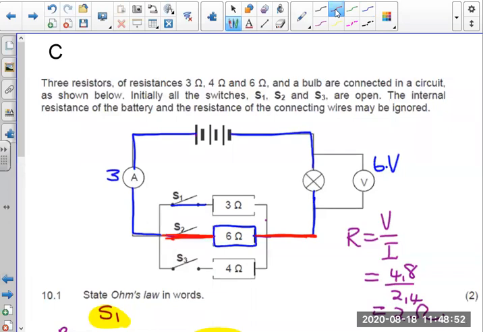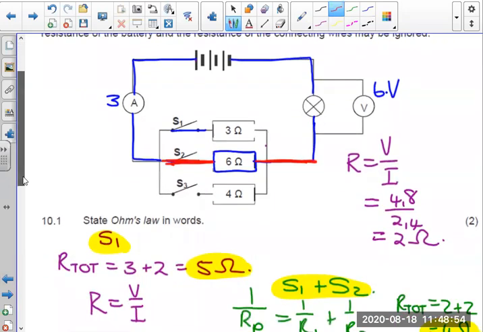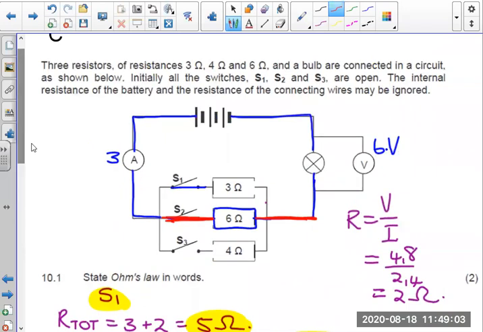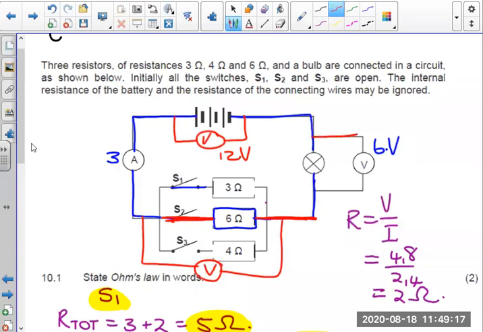Then when we worked out the total voltage, we proved with all the sums that the total voltage, the EMF, is 12. If I have a voltmeter there, this voltmeter reading will be 12 volts. Now I know that the volts in parallel plus the volts in series give us the total voltmeter reading over the battery.